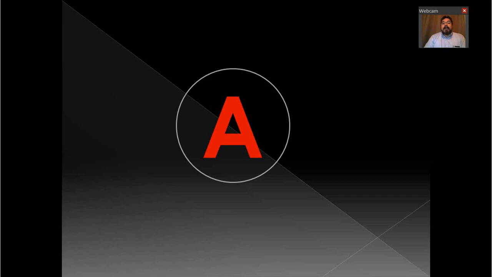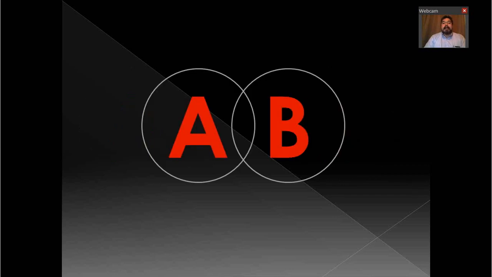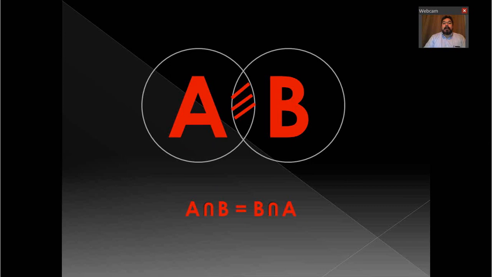They are the same, because if I have a group called A and a group called B and we intersect them, the intersection is the same whether it's A intersection with B or B intersection with A. So the first part is the same.